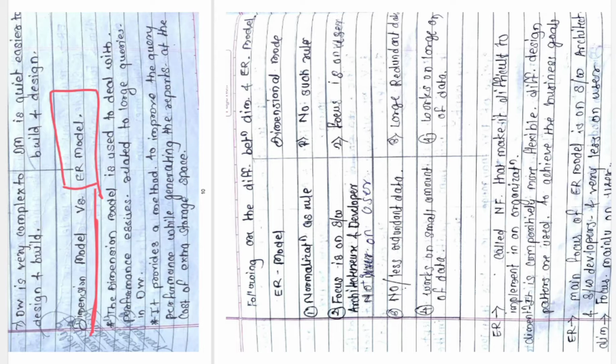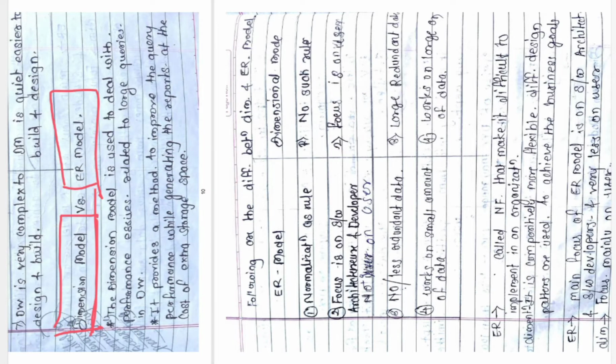The dimensional model deals with the performance issues, because whatever queries we are performing, how to improve that performance in the data warehouse, for that we use the dimensional model.